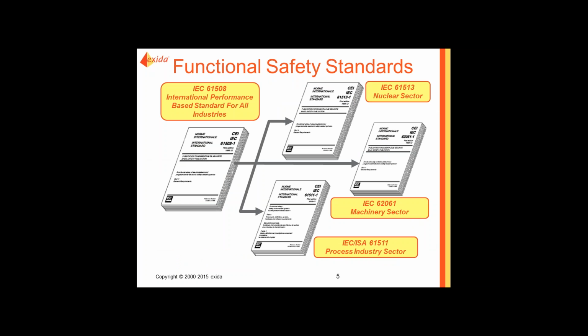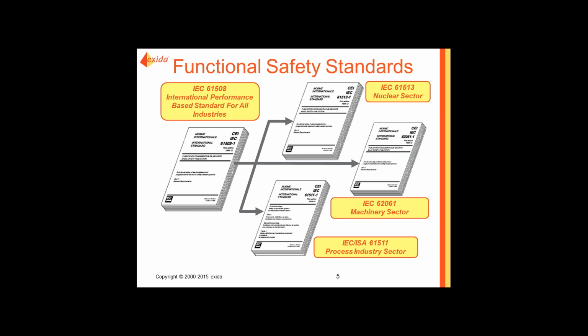So let's just recap a little bit about the standards. The primary standard, which is also known as the base standard for all industries from a safety point of view, is IEC 61508. This is what's known as the umbrella standard, and that has spawned several what are known as sector standards. For example, in nuclear, there's IEC 61513.